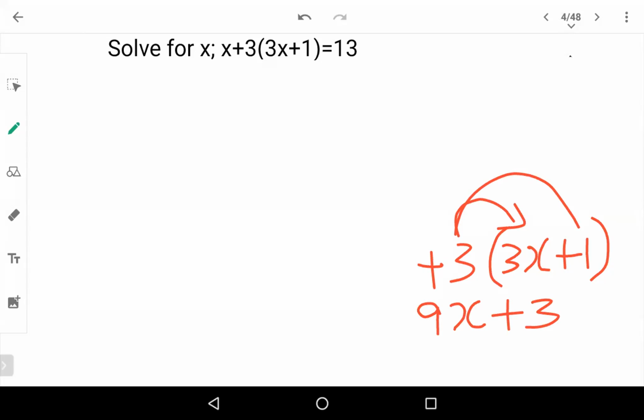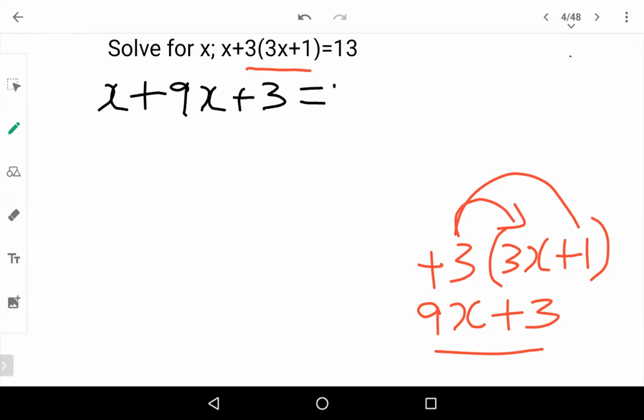I only took this part and solved it first, where I get 9x plus 3. So my next step is x plus 3 3s are 9x, 3 1s are 3. So I have removed the brackets, is equal to 13.